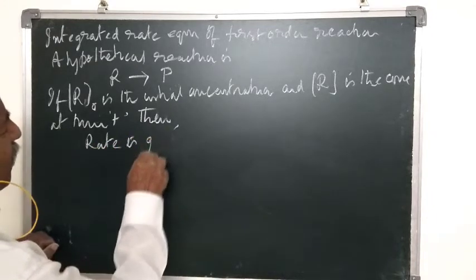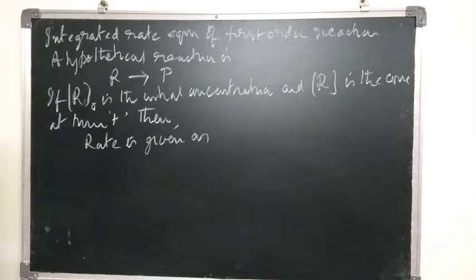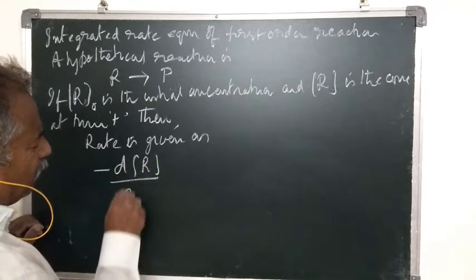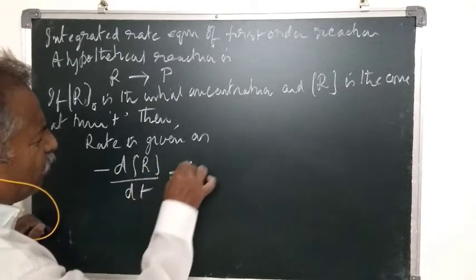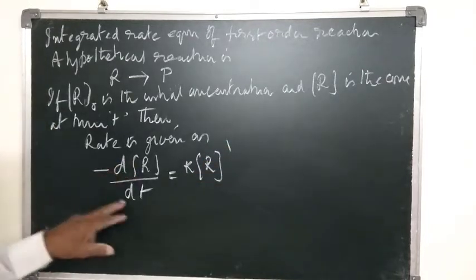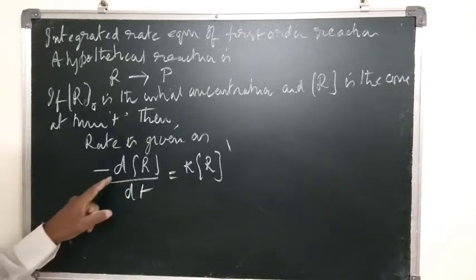Rate is given as minus dR by dt is equal to k into R to the power 1. This is the rate in terms of disappearance of reactants. Because reactants are disappearing, the minus sign is shown.